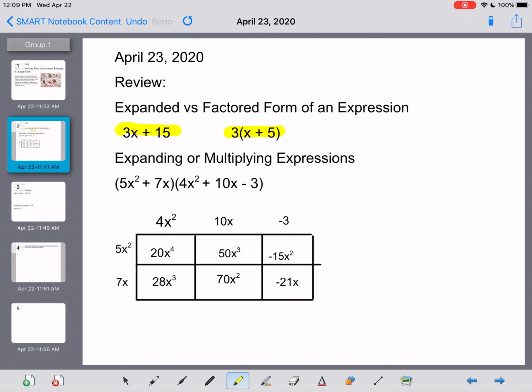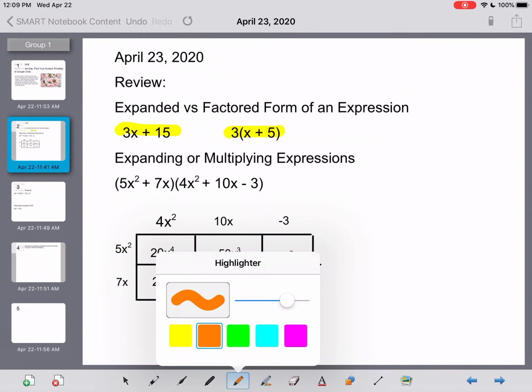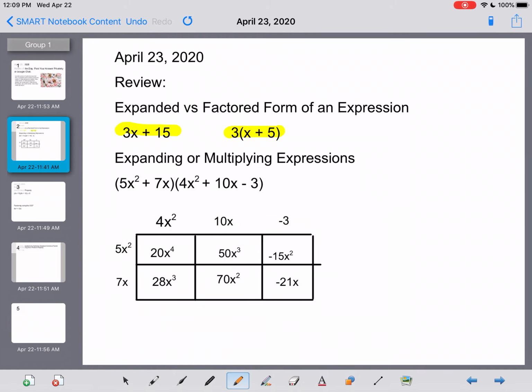And then we talked about if we have an expression in factored form, like this one, how do we transform that into expanded form? And what we do is distribute or multiply, and we talked about doing that with expansion boxes.